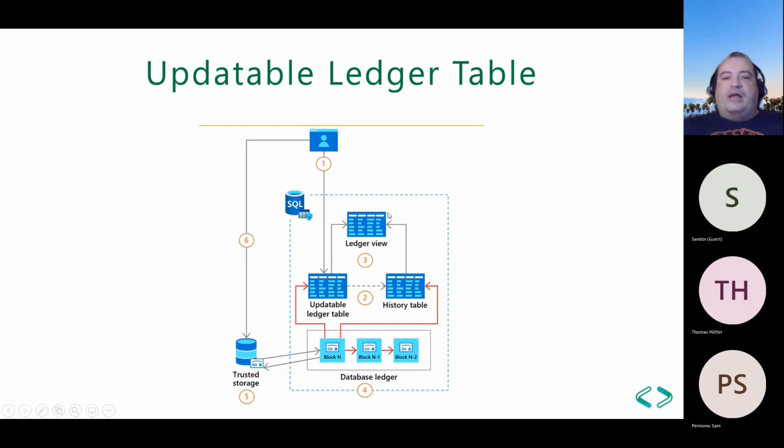And we have a view called the ledger view that joins the data from the updatable ledger table and the history table and shows us all the information, all the transactions that happen in this table, all changes of data that happen in this table.